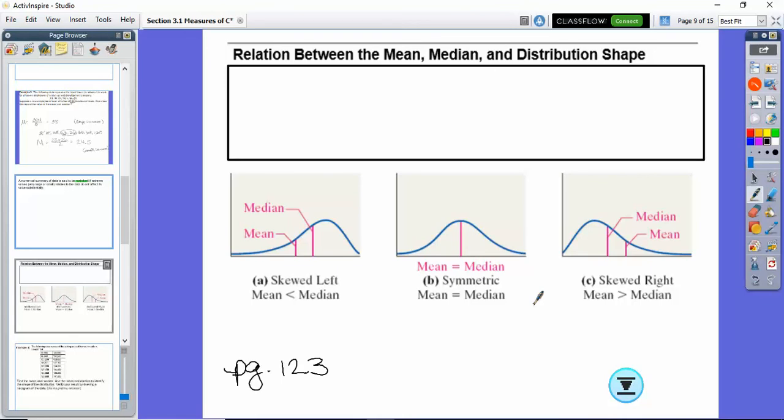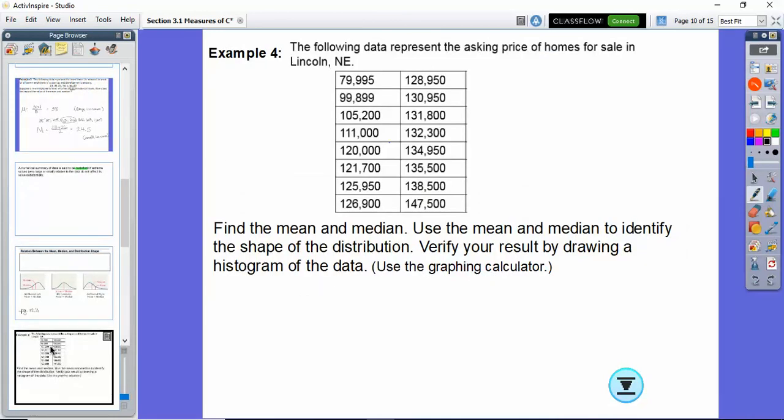If it is skewed left, that means you have a lot of really low points. If you have a lot of low points, what does that do to your mean? Yeah, it's going to drag my mean down, but my median, my middle, is going to kind of still stay in the middle of our data. So if you have a lot of really low points, that mean is going to be smaller than the median.